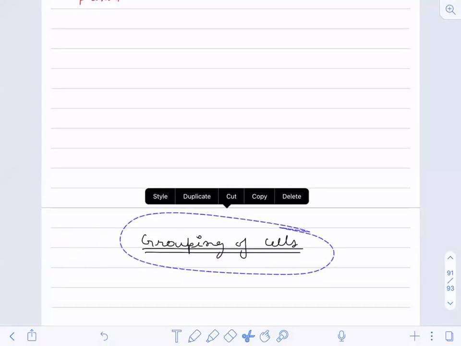Okay, in this grouping of cells, like we have done for the resistors, we'll do the same thing for the cells now. Suppose I give you 2, 3 cells.